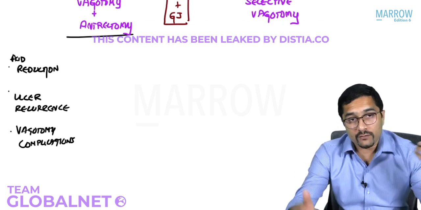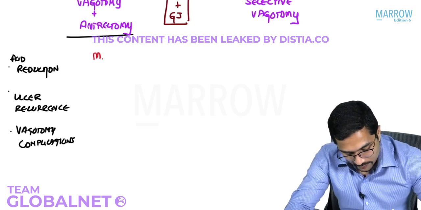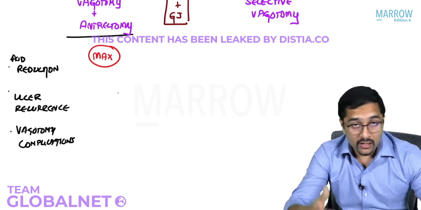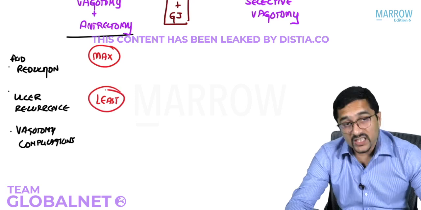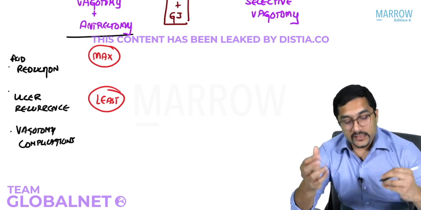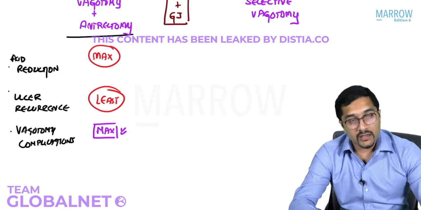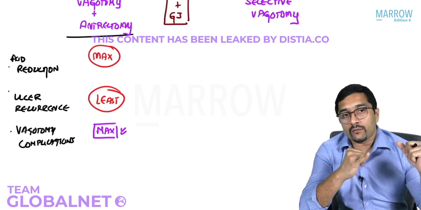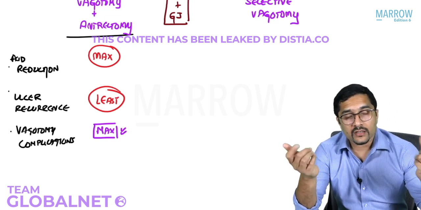So acid reduction will of course be maximum if we do a truncal vagotomy plus antrectomy. So there'll be maximum acid reduction. And if there's maximum acid reduction, it is common sense that there'll be least ulcer recurrence. But when we are doing such an extensive procedure, there'll be maximum vagotomy related complications as well. Some of them I've already highlighted to you, like increased risk of gallstone formation. There will be gastric stasis, for which we need to carry out a drainage procedure.